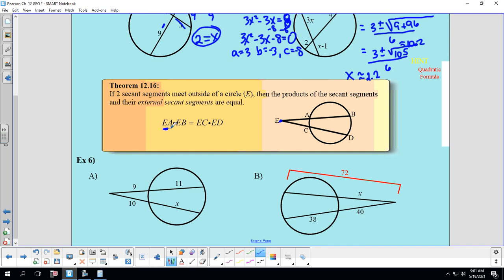If you look, EA, it's this piece times the whole thing, is equal to this piece times the whole thing. So we're going to have to watch and sometimes add segments together to make sure we're following this formula. So follow the formula carefully and you'll be okay.